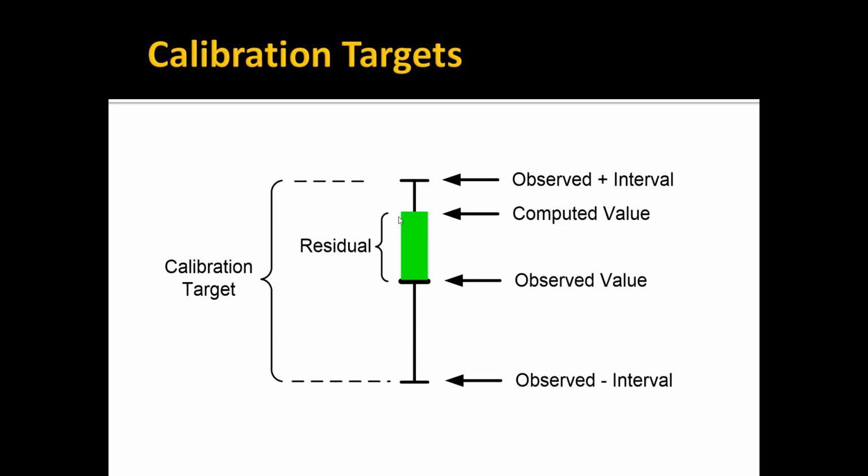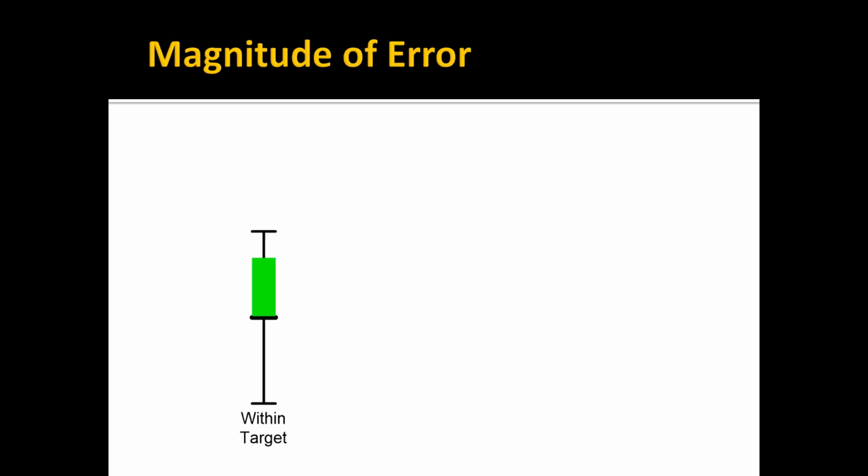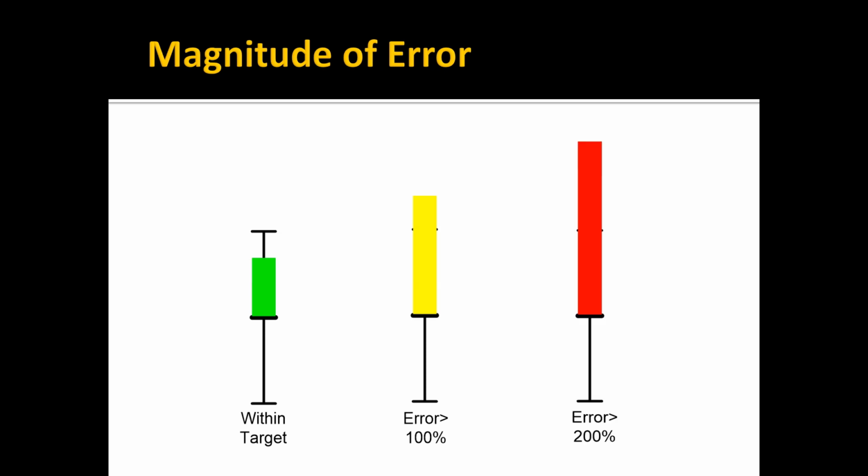And that gives you a quick feel for how close your error is to the observed, how close your computed value is to the observed value. Furthermore, if you are within the target, it's shown in green. If you're outside the target, so greater than 100% error, where that 100% is the interval, you're outside of that interval, either on the positive or negative side, it's yellow.